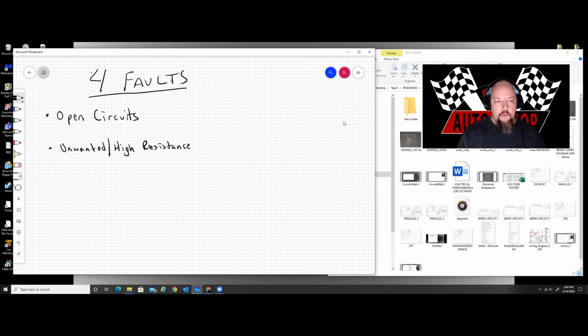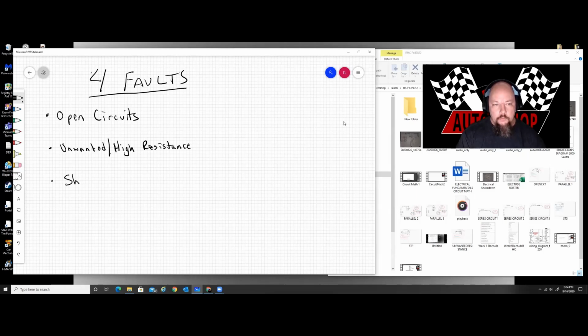Now, the reason I use the term unwanted instead of high is there are some components in the vehicle which would register a high resistance value, just like to your eyes. This is, wow, looks like a high resistance value, and I don't want you to get that confused. So I say unwanted resistance. Most people will say, hey, it's got high resistance in the circuit, with everyone understanding that it's unwanted. For right now, since we're just beginning, we'll use these terms together, okay?